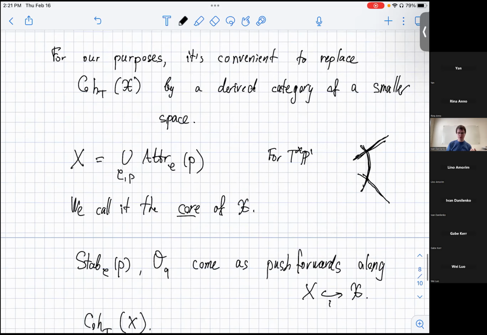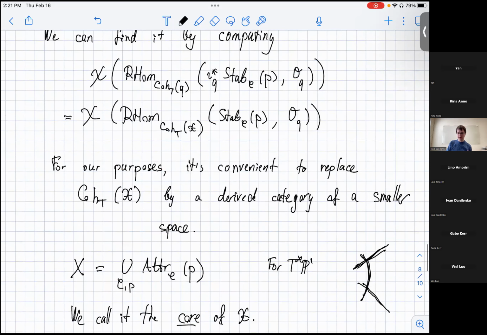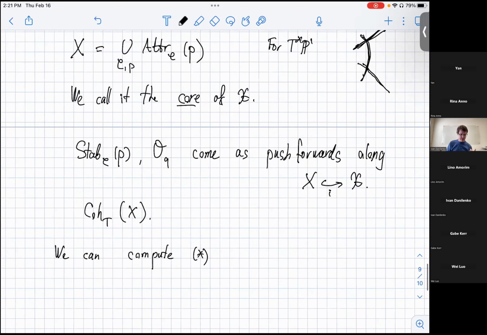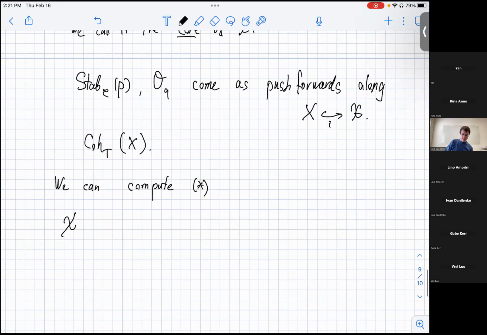So we can compute what we had before, again, by just, so what I had before is our Hom.